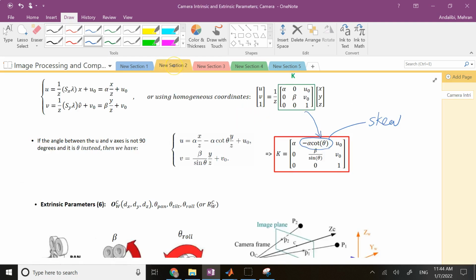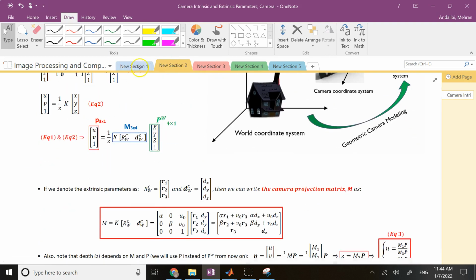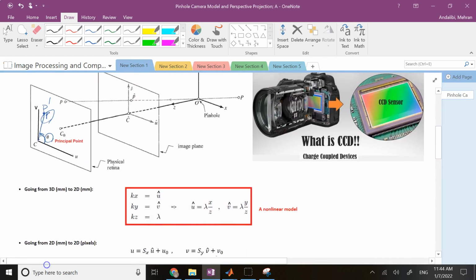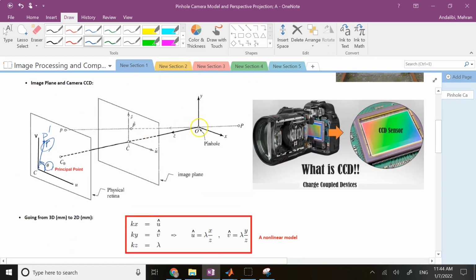So let me show you that as well in one of these pictures here. This light ray that should come through point O and then P hat and P, kind of like general relativity, right? On the way, it could be a little bit distorted and end up on this point P prime instead of P.